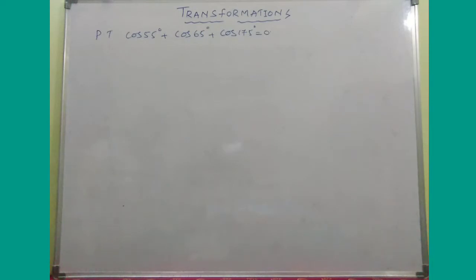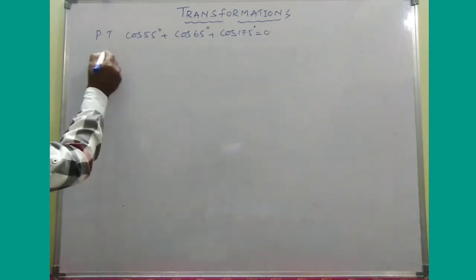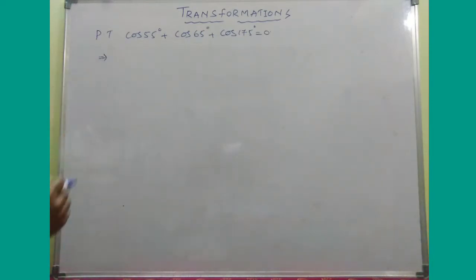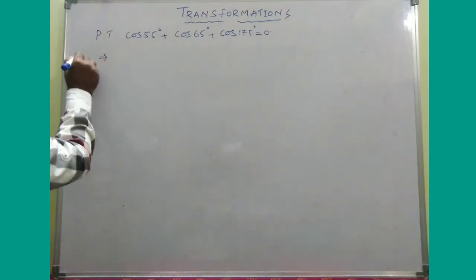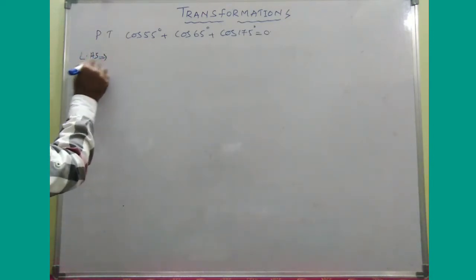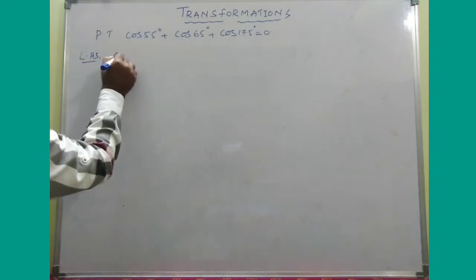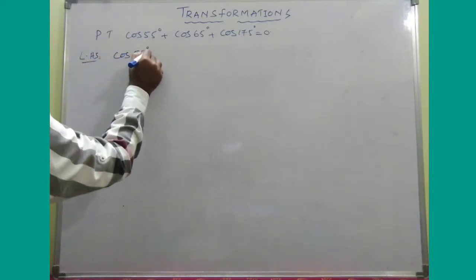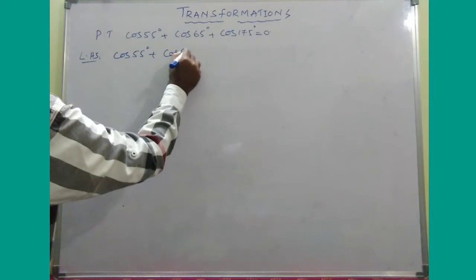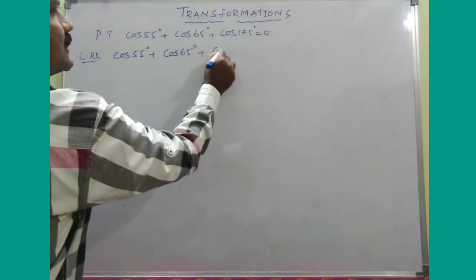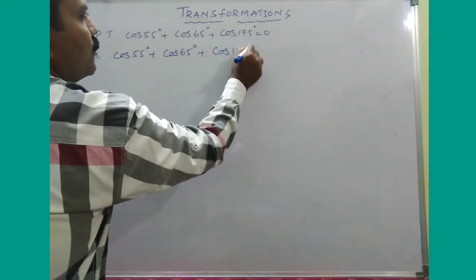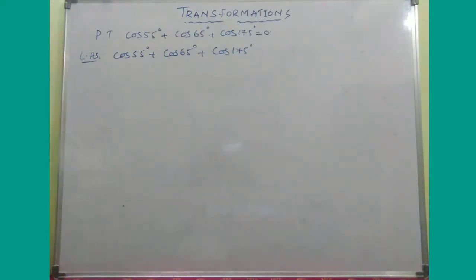Okay, so see, especially the first two, if you consider LHS, what is that? Cos 55 degrees plus cos 65 degrees plus cos 175 degrees, right?